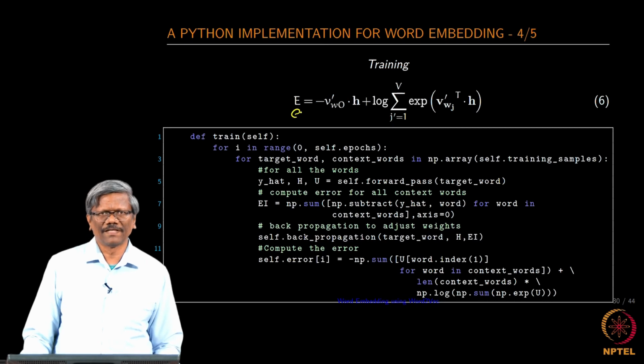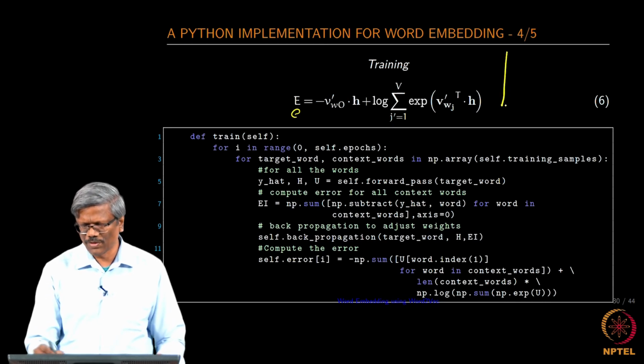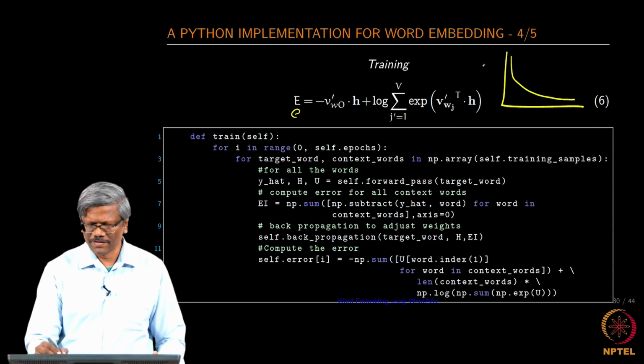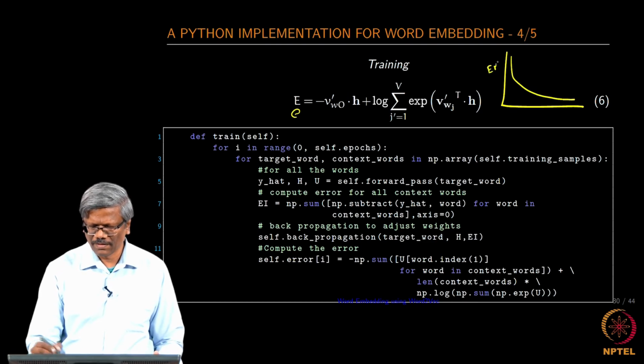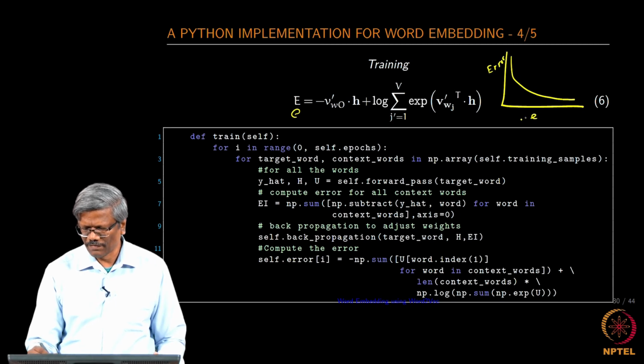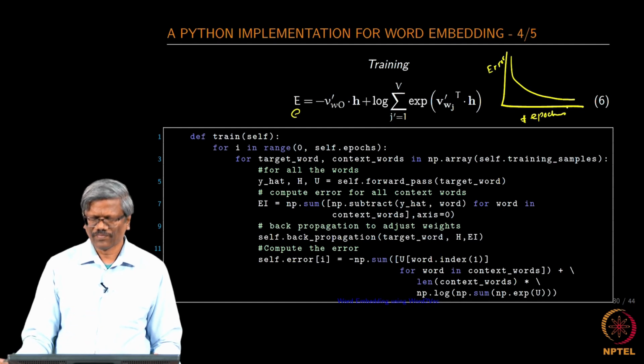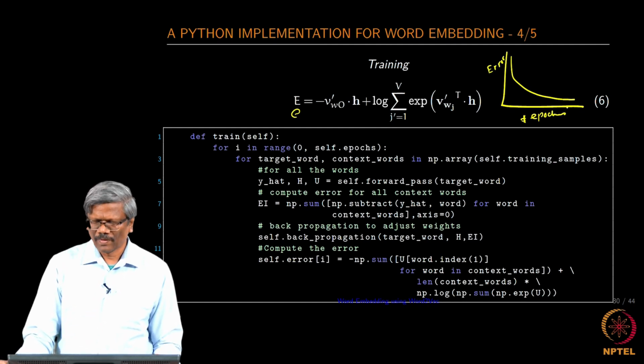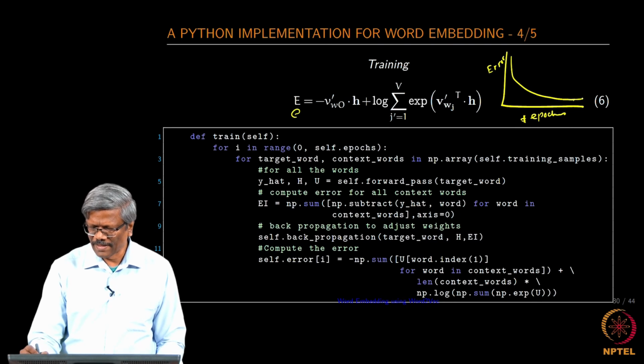So, when it keeps going down and down, usually you get something of this type. This is your error, and this is the number of epochs. So, we need to keep looking at this.